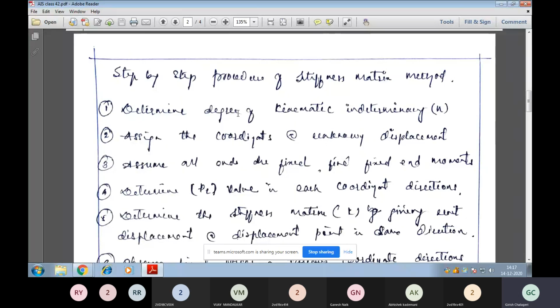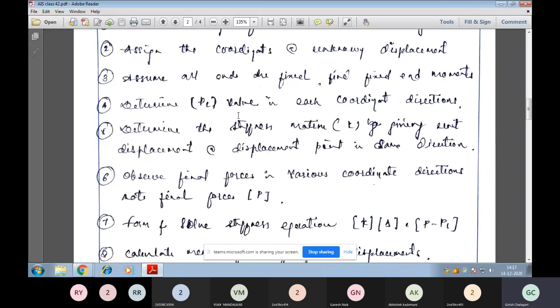PL will be found at each coordinate direction. Fifth step, determine the stiffness matrix, that is the K value, by giving a unit load or unit displacement at a displacement point in the same directions. Then the sixth step, observe the final forces in the various coordinate directions. Find the final forces, that is the P value.